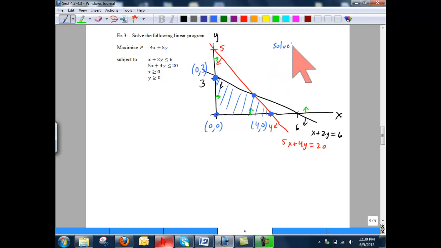If you were to solve x plus 2y equals 6 and 5x plus 4y equals 20 together, you'll find out that this point is 8/3, 5/3. That's just algebra. If you think you need to do it, go ahead and pause the video and do it on your own.